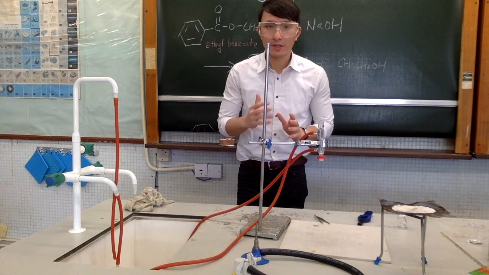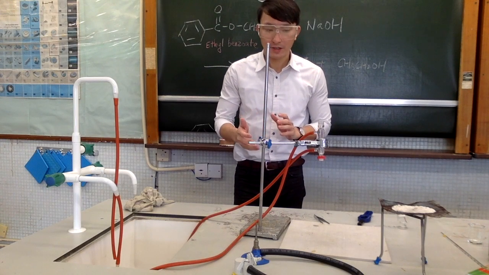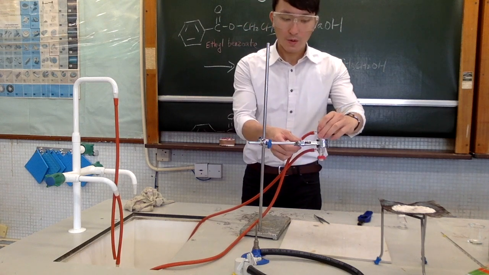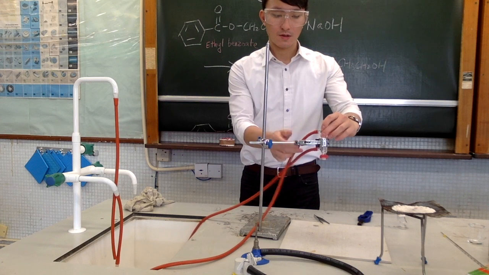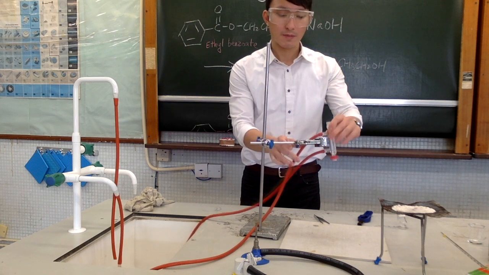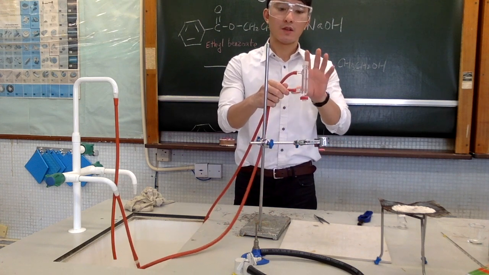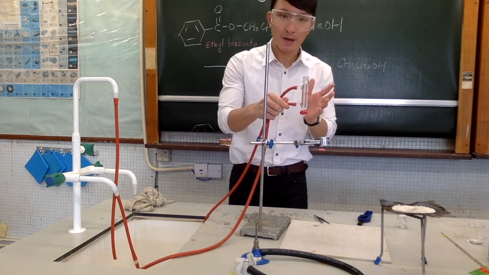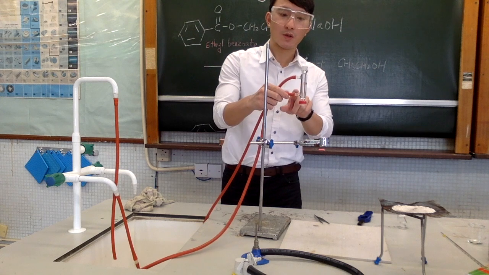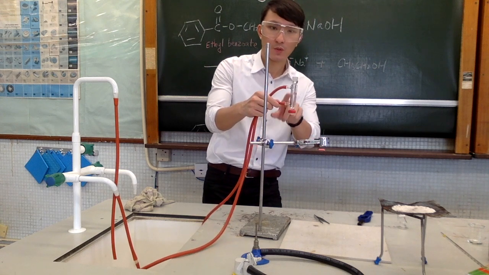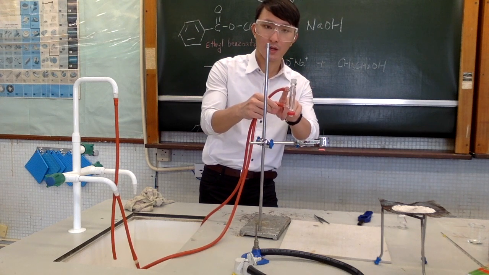Now here we are going to set up the reflux apparatus. So first of all, we will have this reflux condenser. Even though it is in micro scale, the major component should be the same as the regular reflux condenser. So bear in mind that there is the water inlet at the bottom and the water outlet at the top.